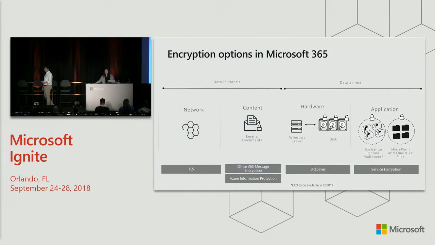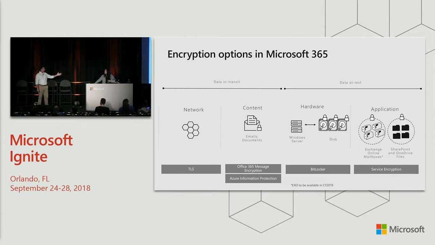Let's spend 2 minutes on this and understand what is going on. Encryption options in Microsoft 365 spread from data in transit to data at rest. You have a variety of options that exist at each step of the way and each layer of the data that is protected. On the transit side, you have TLS, which is, of course, over the network.